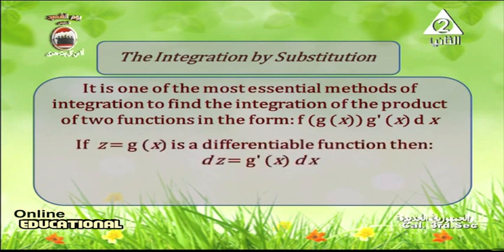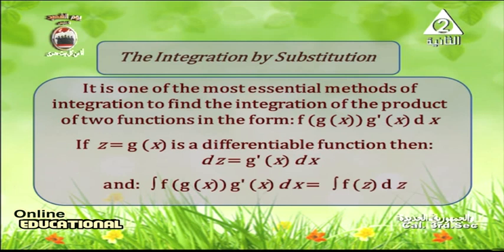If z equals g of x is a differentiable function, then the differential of z, dz equals differential of g of x, which is g dash x dx, and integration of f g of x multiply g dash of x dx equals integration f of z dz.